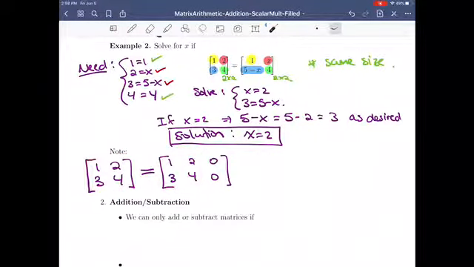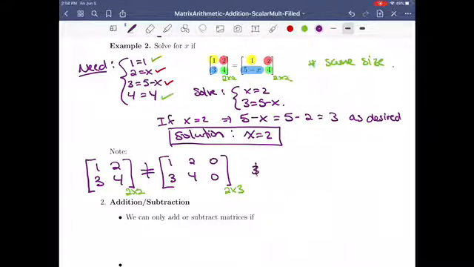The first 4 entries match, but there are these extra zeros. It's tempting, because they're 0, to just discard them and say that this is a 2 by 2 matrix. But we want to remember that they're placeholders for data. It's possible that knowing that these are 0 is very important. So this one is a 2 by 2, and this one is a 2 by 3. These are not equal. They don't have the same size. Even though they look similar, they are not equal.